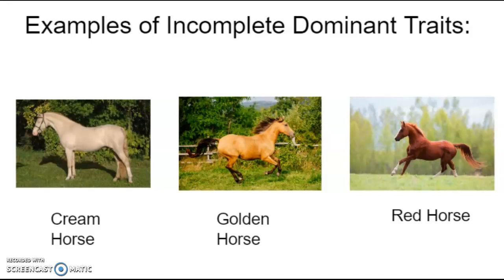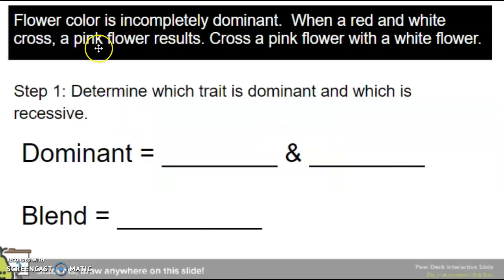So the question is, how do we do these types of problems? We are going to start with the first step. As always, determine what trait's dominant and what is recessive. This flower color is incompletely dominant. When a red and white flower cross, a pink one results.